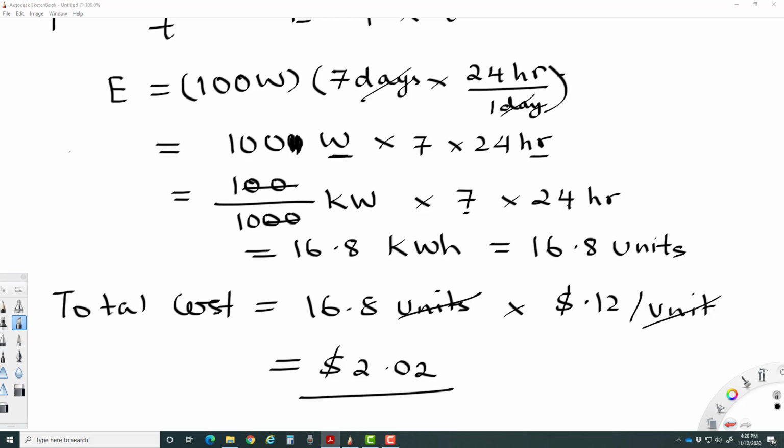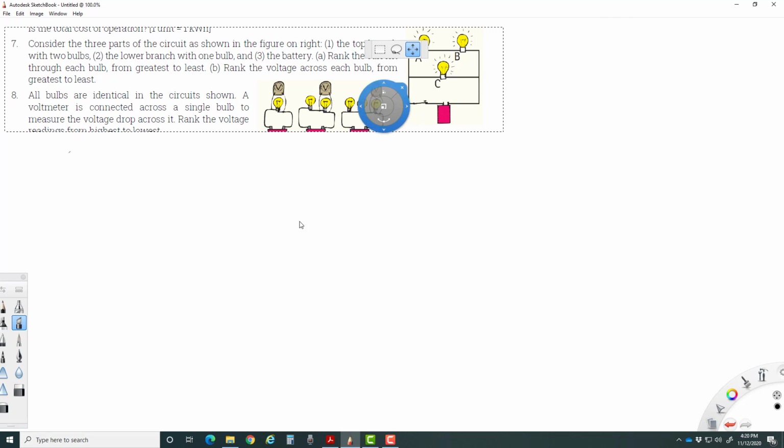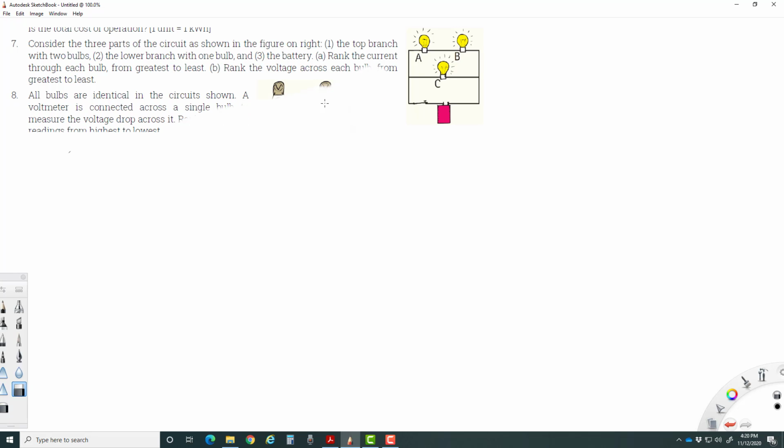Now let's look at number 7. So we have three bulbs, bulb A, bulb B, and bulb C. And the bulbs are connected to a battery.